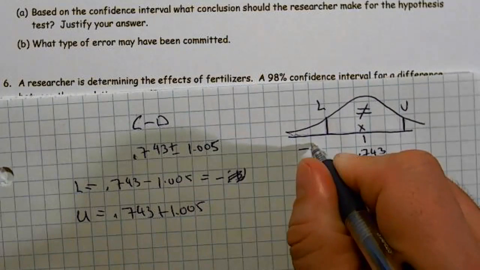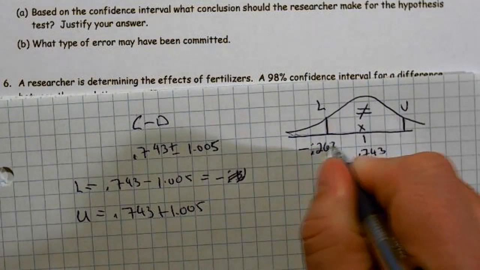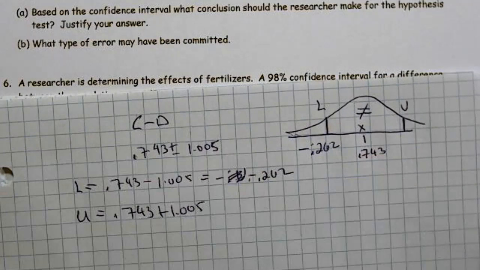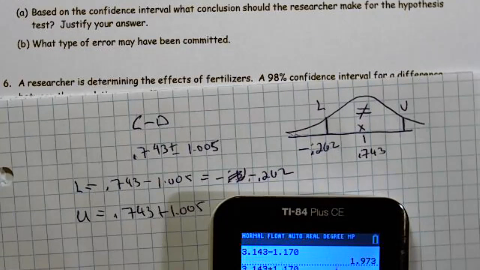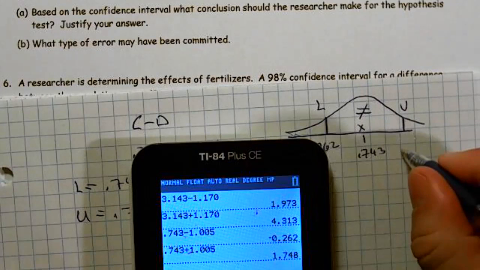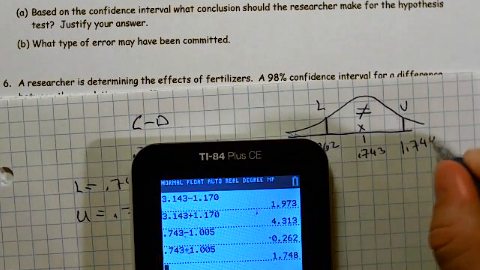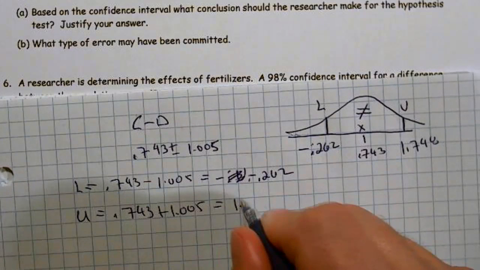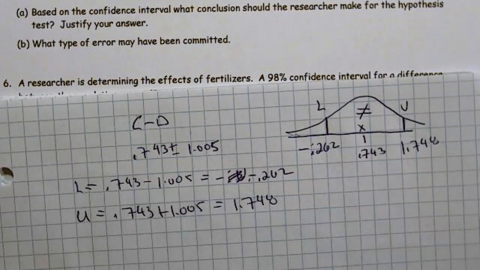So this is negative 0.262. That's my lower bound. And my upper bound is going to be 0.743 plus 1.005, and that gives me an upper bound of 1.748. So there's my upper.